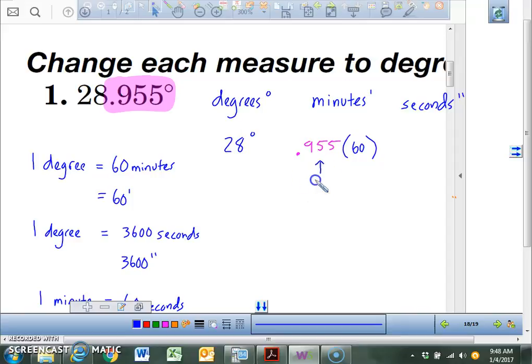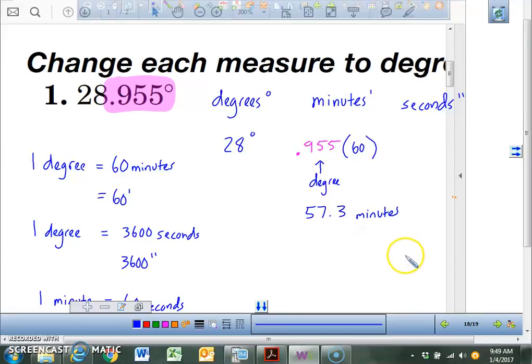This represents how much of a degree we have. What's 0.955 times 60? 57.3. This represents how many minutes you have.